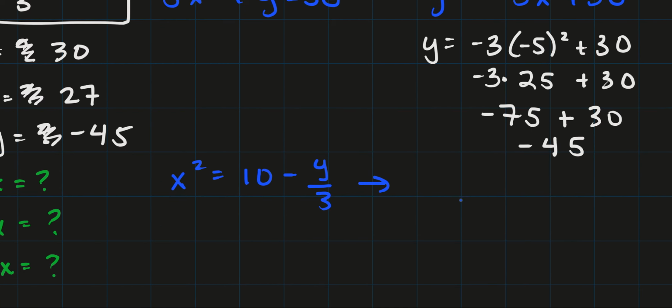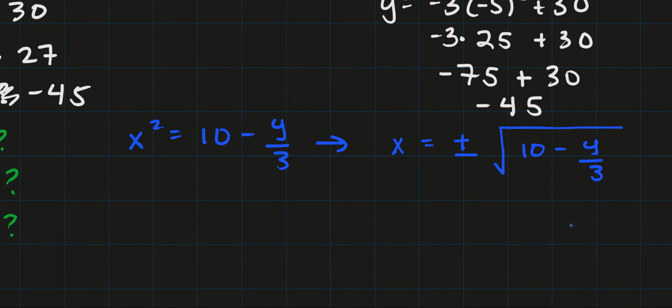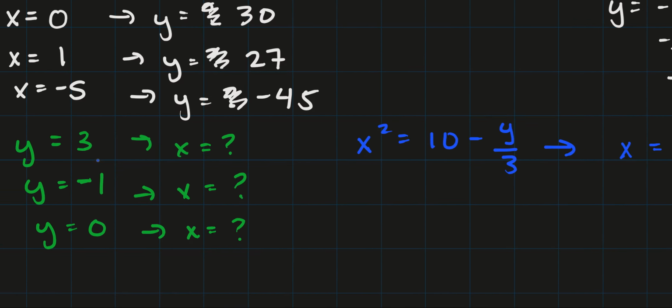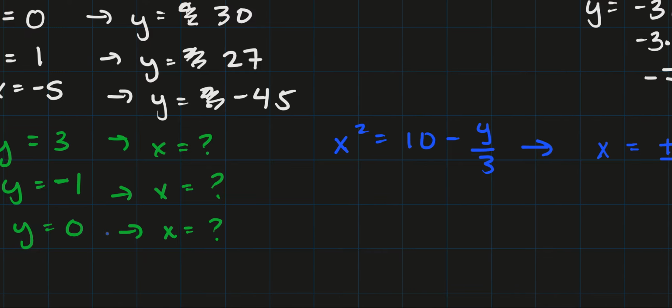Now we have to be careful when we take a square root. When you take a square root, you get a positive and a negative value. Just like that, okay? All right, so let's start with this number 3. And then I'm going to plug in -1, and then I'm going to plug in 0 and see what happens.